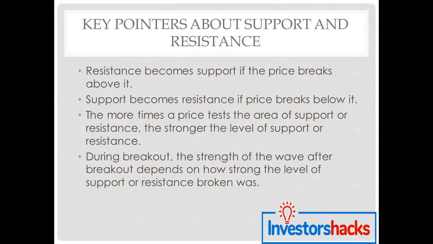Therefore, the wave of the support that had 3 retests will be less strong than the wave of the support that had 6 retests. Okay, so the number of retests indicates that if the price breaks out of that level, it will form a strong wave.